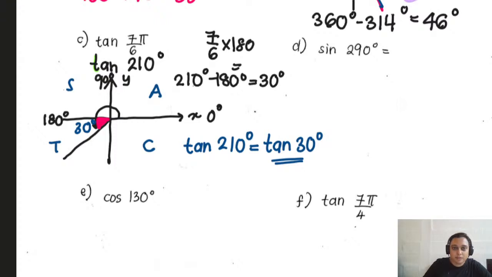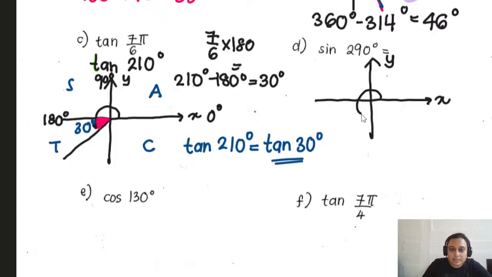Okay, let's draw. Let's draw 290. To first quadrant, second, third. Here, fourth quadrant, 290. After finding 290, you want to change this to a smaller angle.